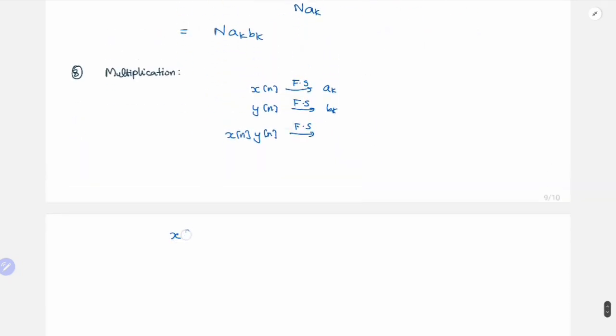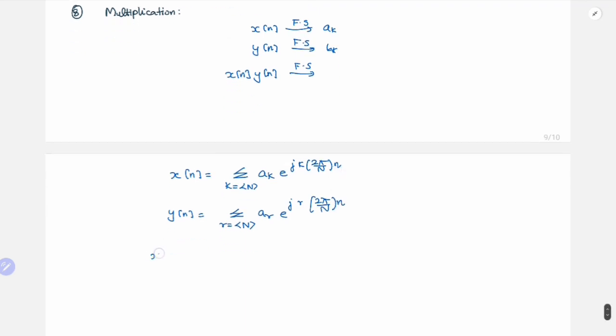So from the first thing we can see x of n is equal to summation k equal to N ak e power jk into 2 pi over N into n, and my y of n I can use a different index, let's say r equal to N, br e power jr into 2 pi over N into n.